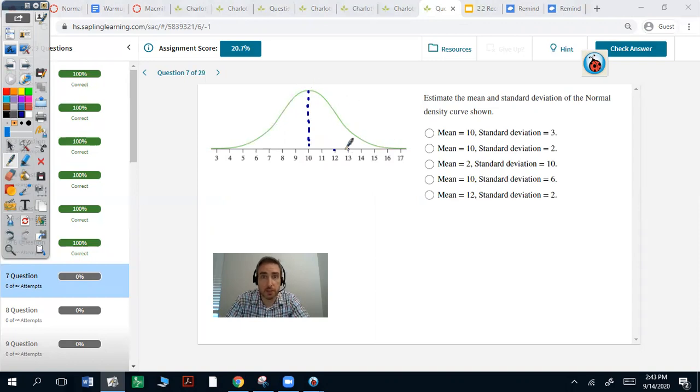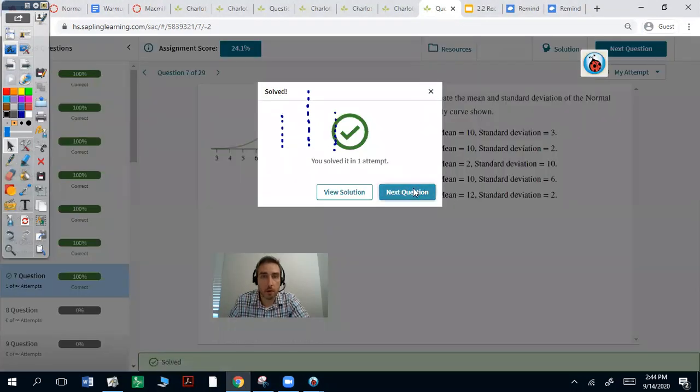All right, that's one standard deviation should be right around here. So if you go like 2 above and 2 below, that looks approximately where it goes. I think 3 is a little bit too much. So I'm going to stick with 2. That should be our answer. Sometimes I get these wrong just because it's like arbitrary, but I'm pretty sure it's going to be that one. All right.